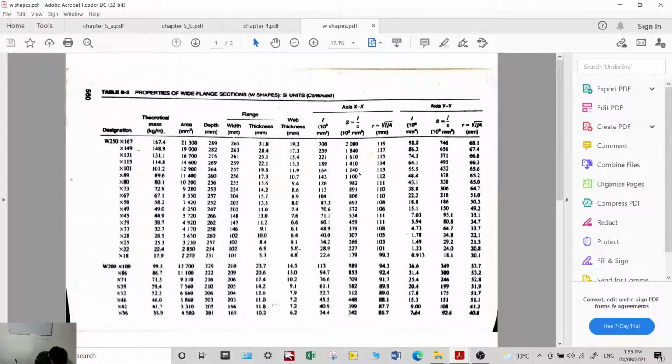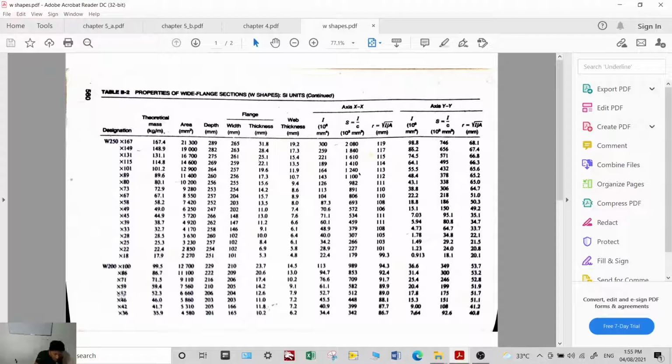So, start sa 200 diri ang classification. Nakapasa kani 512, 582, 709. So kaning 512 atong gamiton kay 500,000 naman atong kinahanglan. So kani ang unit kani times 10 to the 3 man ni. So 512,000 ni siya. So kani siya is W200 by 52. So ang weight ani niya is 52 kg per meter.